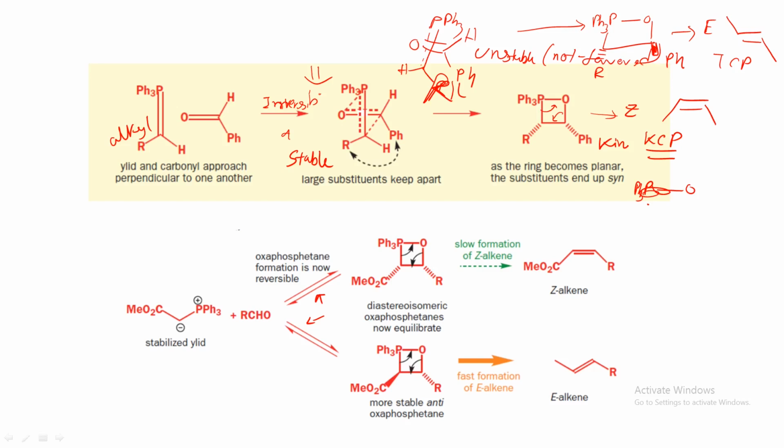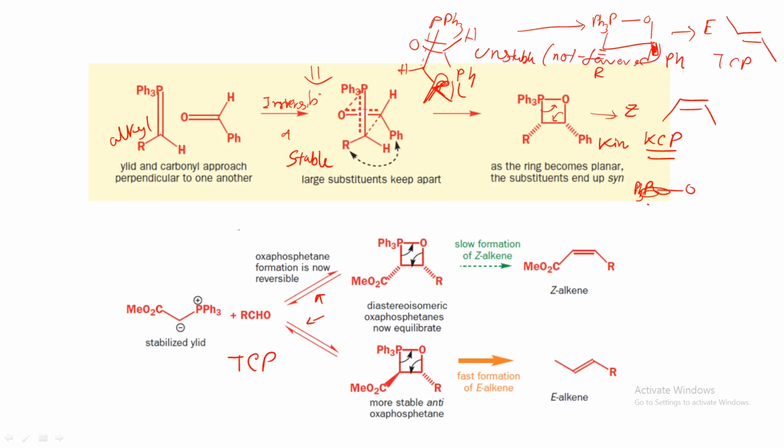Now, for this type of stabilized ylide case, as it is a reversible step, the system becomes such that we are having a thermodynamically controlled product, which is more stable.